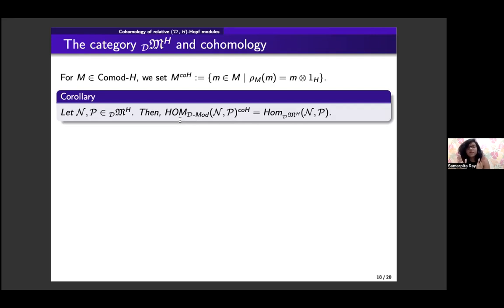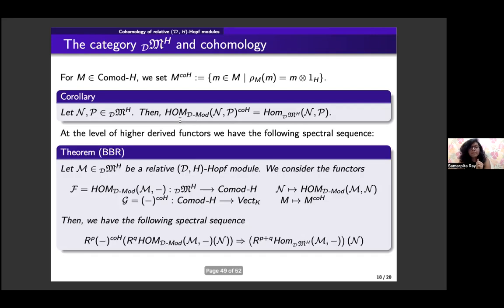It's the subspace of the original Hom space which has an H comodule structure. This composition, taking Hom and then taking the coinvariants, gives you a way to compute the cohomology in the relative category, and that's the third spectral sequence.